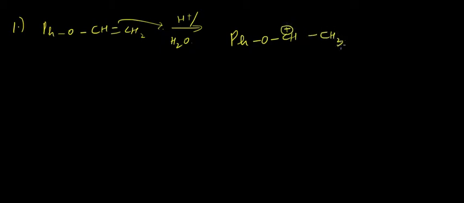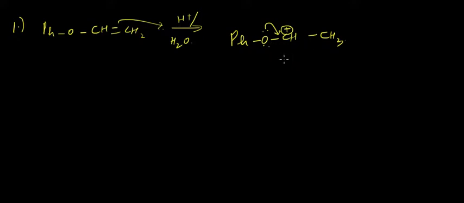Why is this intermediate stable? Because of the conjugation of the oxygen lone pairs with the positive charge. Hence this structure is stable because of the conjugation.